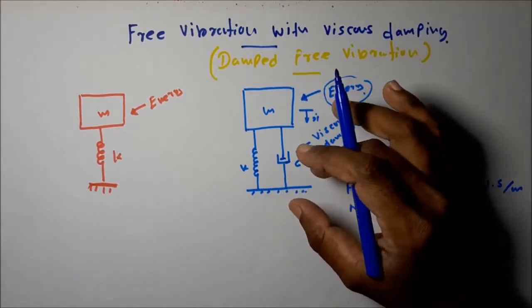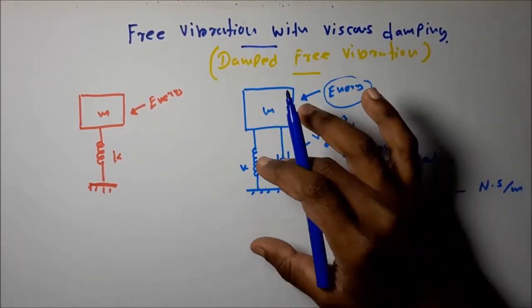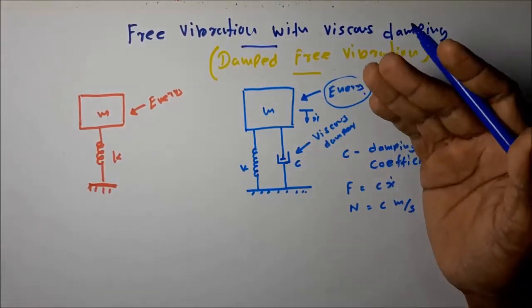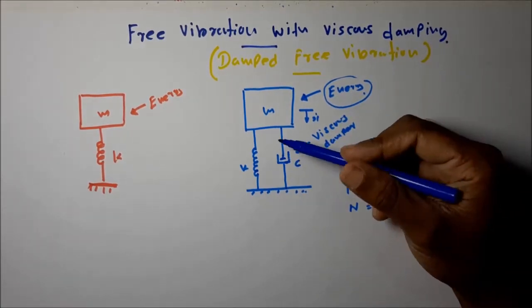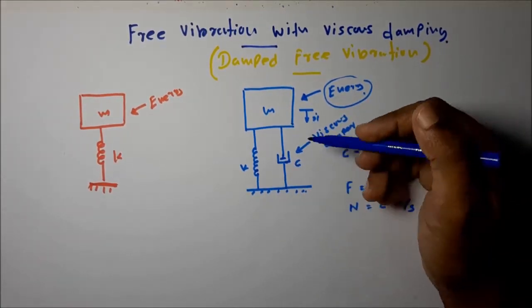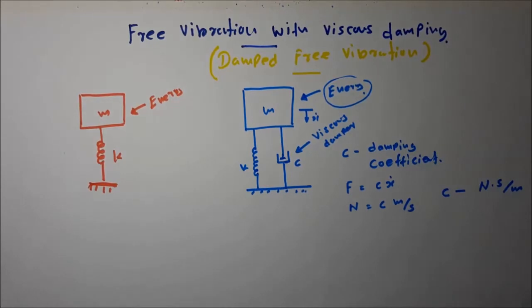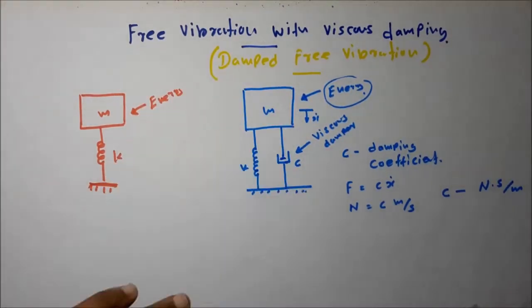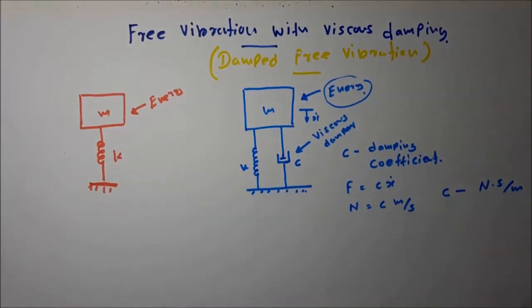In this situation, let's see how this kind of system behaves with different inputs to the system. Then let's obtain the characteristic equation for this kind of system.